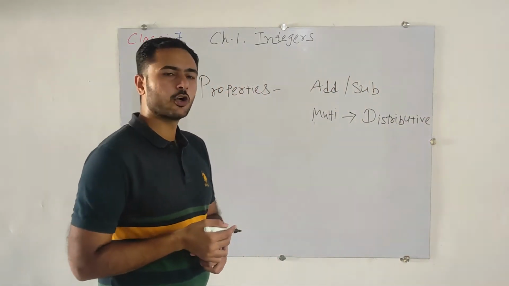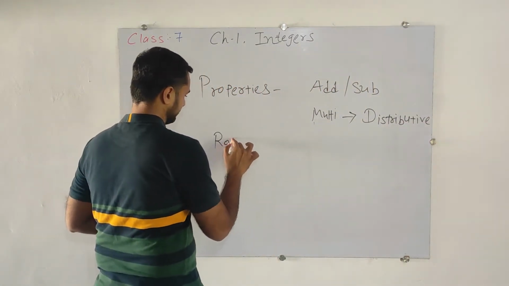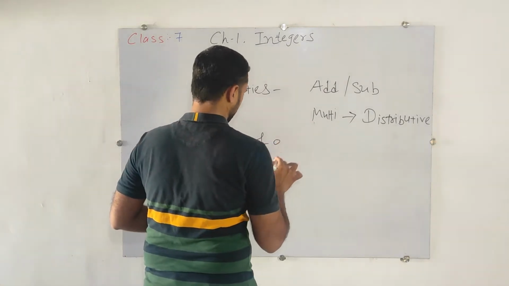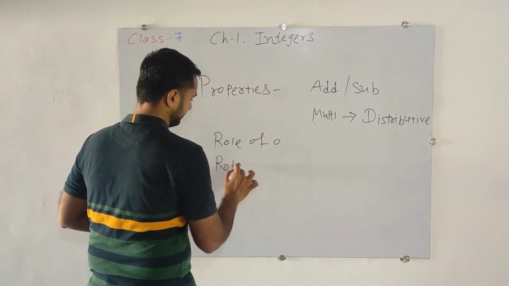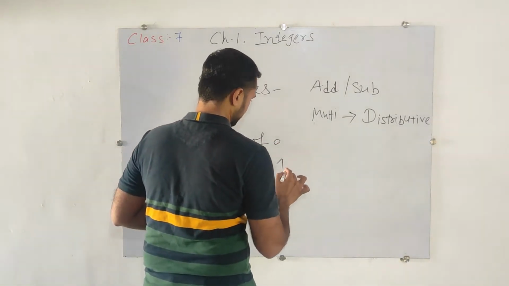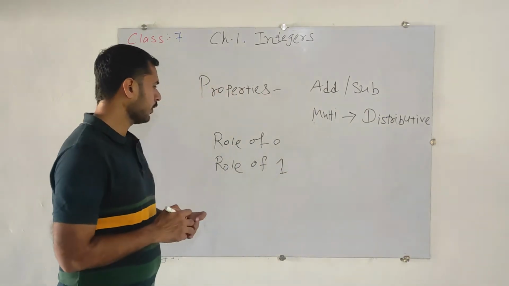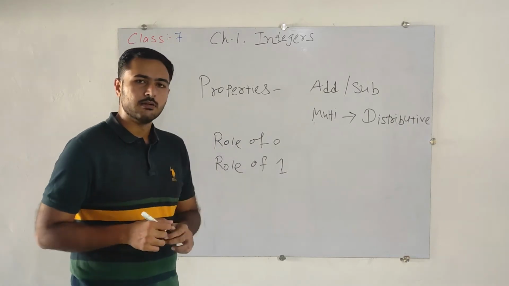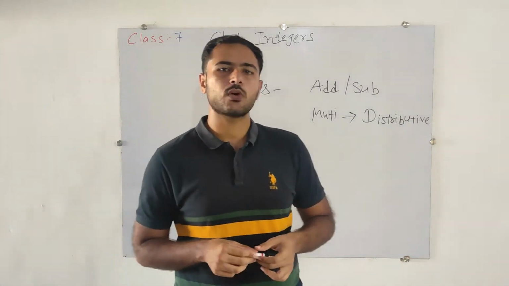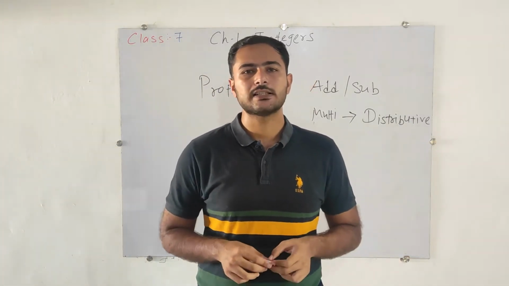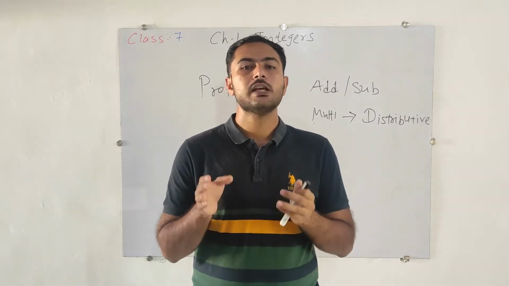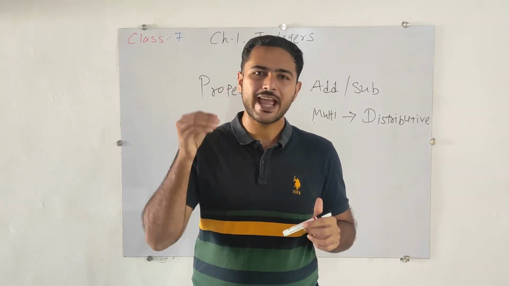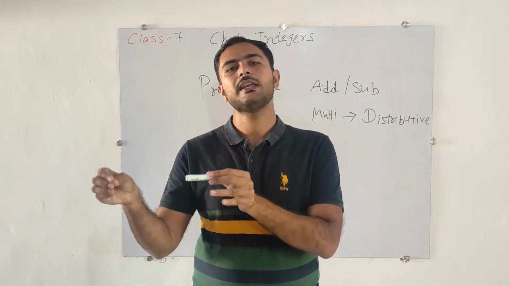Fine. Then the role of 0 and the role of 1. In the role of 0 and the role of 1, we learned about some properties of 0 and especially of 1. If I ask you what the additive identity is, that is 0, because if I add 0 to anything, that number will be the same.